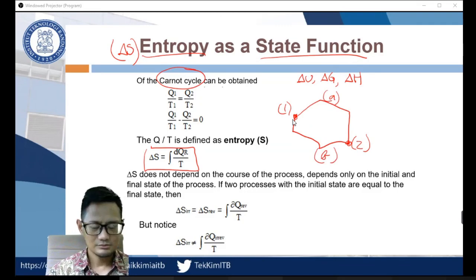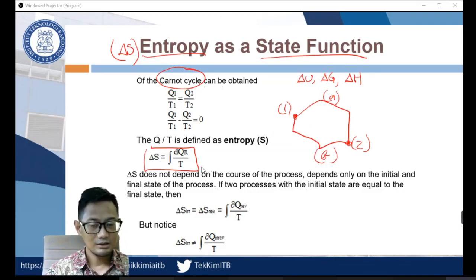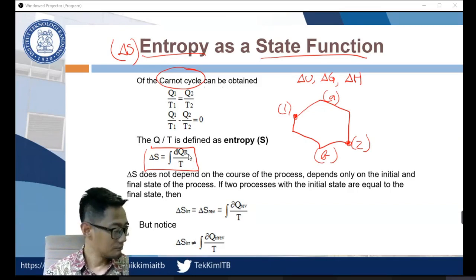Okay. Now, by definition, entropy is Q_R by temperature. R means reversible.